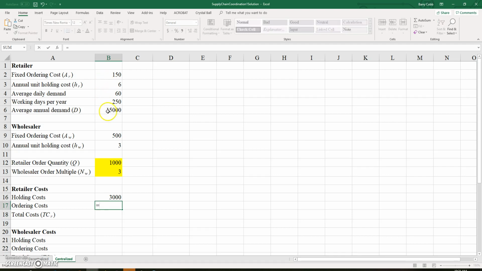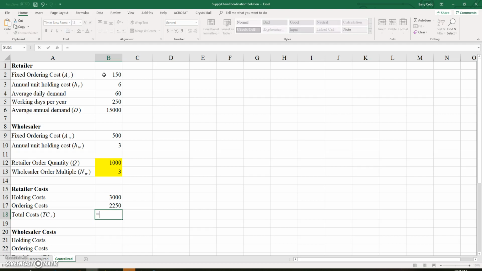The number of orders per year is annual demand divided by order quantity, and then this is multiplied by fixed ordering cost. Recall that Q equals 1,000 and N equals 3 are simply starting values, and these will be adjusted to find the best solution.